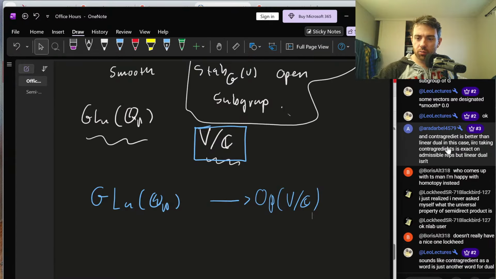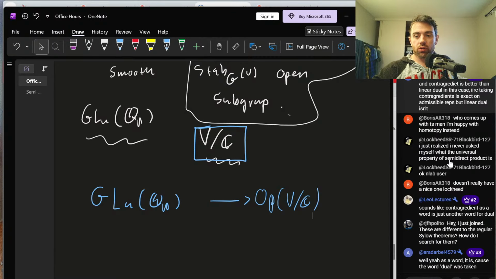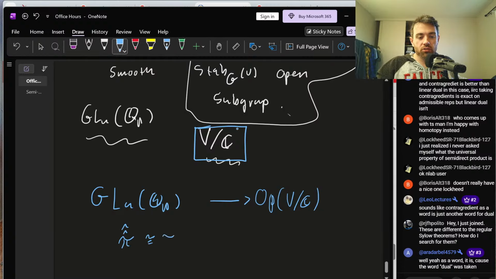Contragradient is better than linear dual in this case. Contragradient is exact on admissible representations, right? And we also want the double contragradient to be naturally isomorphic to the original representation, right?